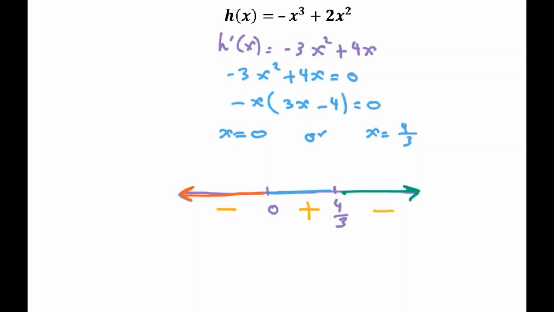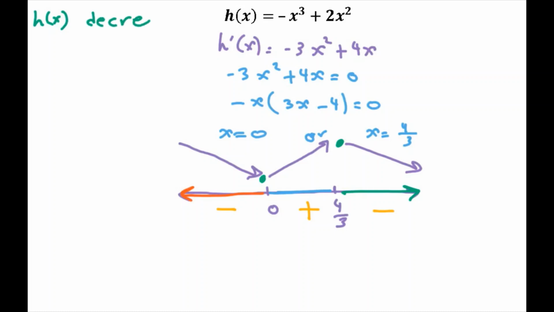So negative means decreasing, positive means increasing, and negative means decreasing. Let's first talk about the increase and decrease. h(x) is decreasing over which intervals? From negative infinity to 0, union 4 over 3 to infinity.